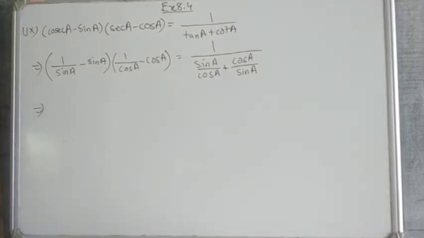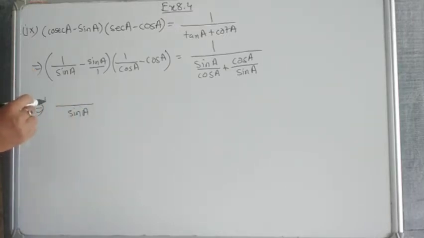Now the next step, what we'll do here is LCM. If nothing is there, it means 1 is there. Everywhere I'll do LCM, so just see how I am doing. Sin A and 1, what will be your LCM?